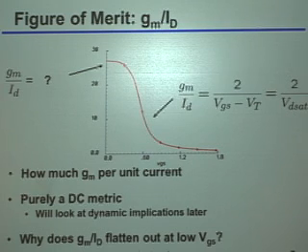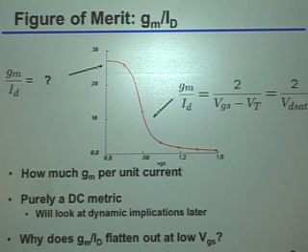So I'd claim that from a design standpoint, the so-called transconductance efficiency, or the GM divided by the ID, is something you're going to care quite a bit about, because it tells you how much power you need to spend in order to get a certain amount of GM.